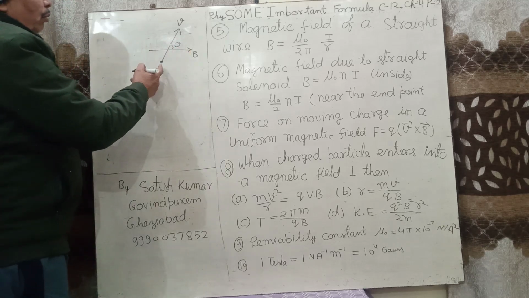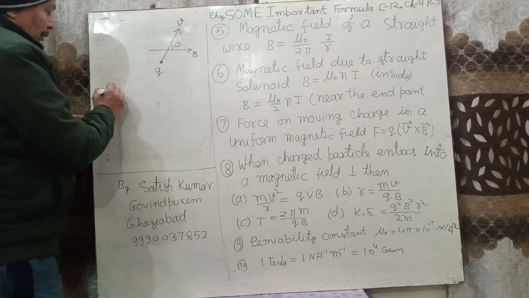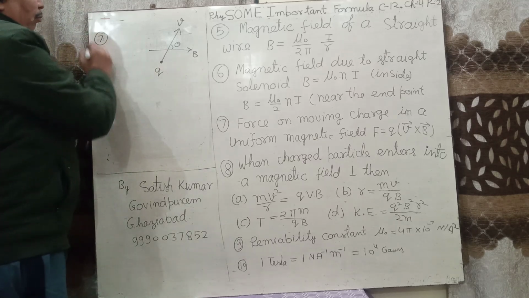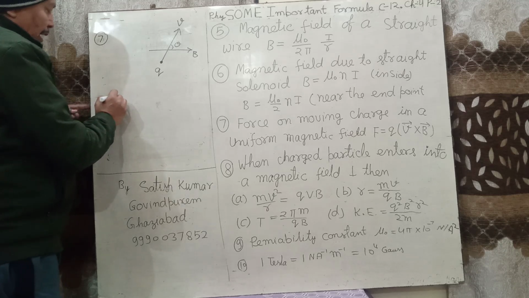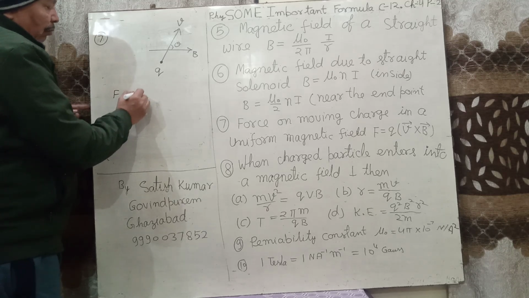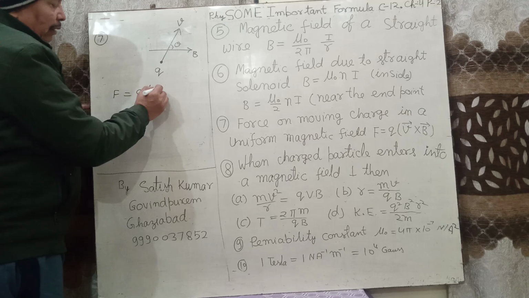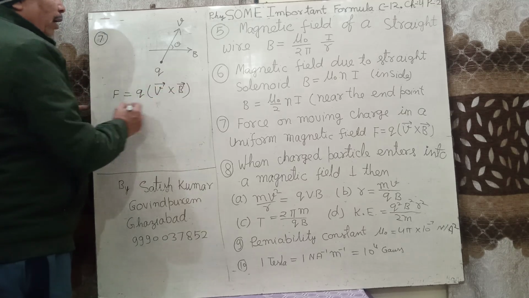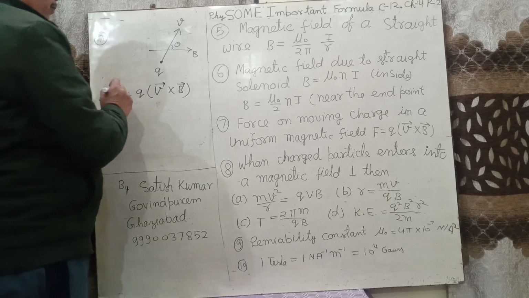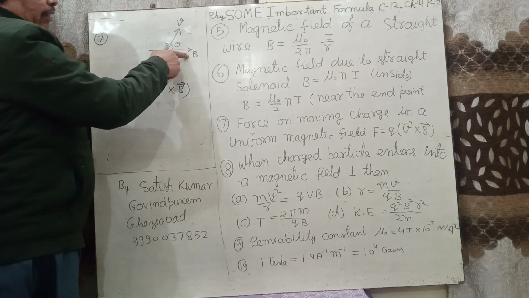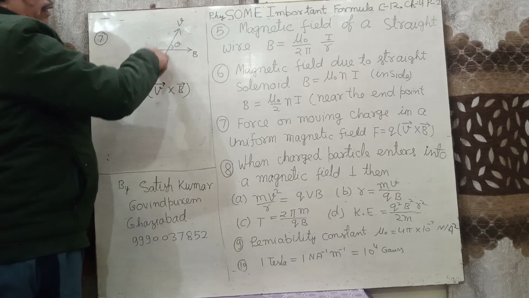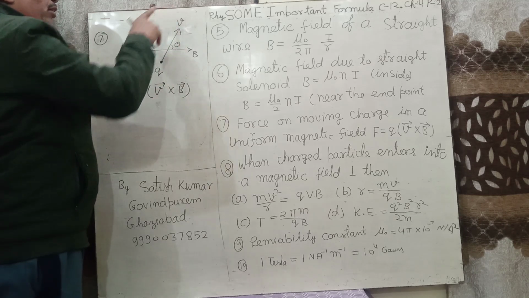Then the force on the charge, F equals Q vector V cross vector B. I am telling you again. Suppose the magnetic field is in this direction, and a charge Q is moving with velocity v.